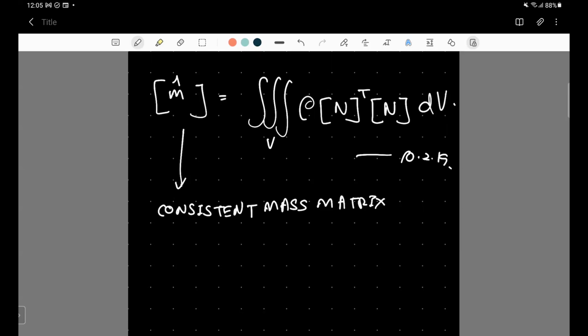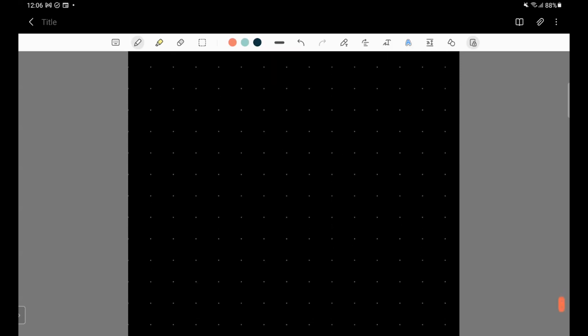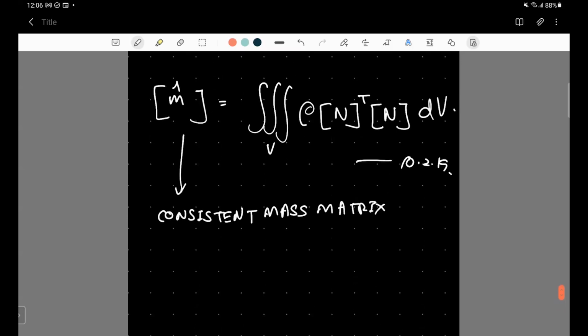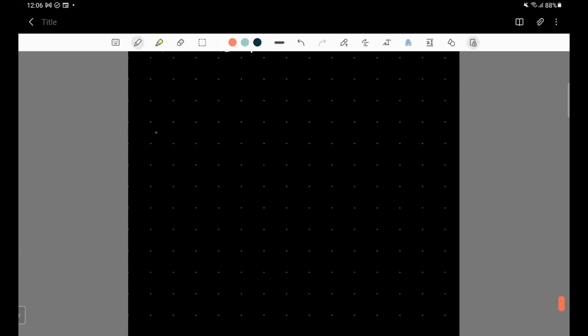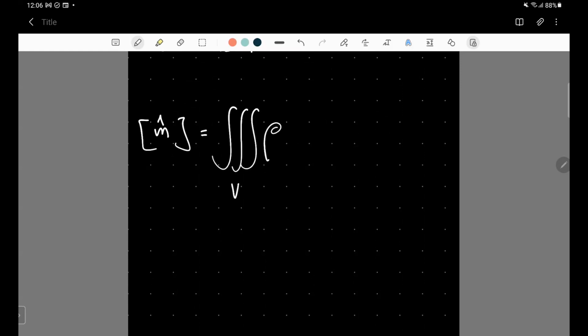So we will now develop a consistent mass matrix for a bar element, which is shown in the previous figure, by substituting the shape functions corresponding to a bar. We have the general formulation for the consistent mass matrix. We now apply it to a bar, where we are interested in obtaining the triple integral.